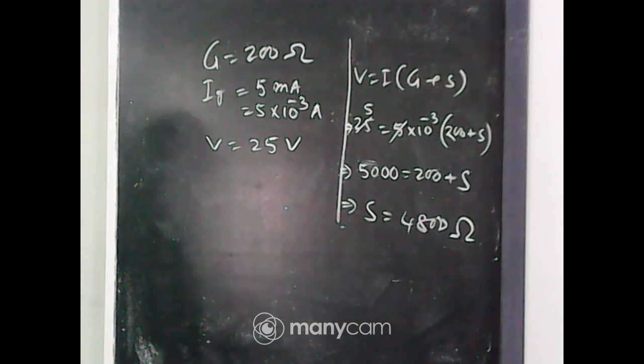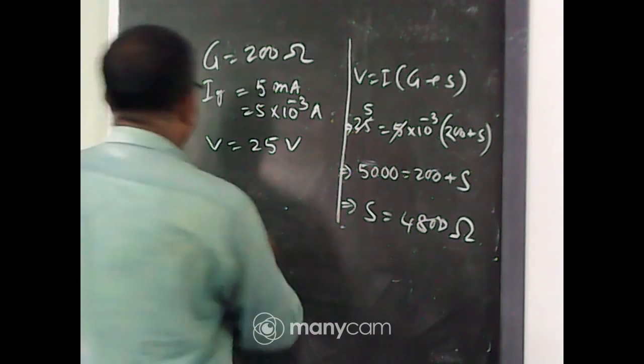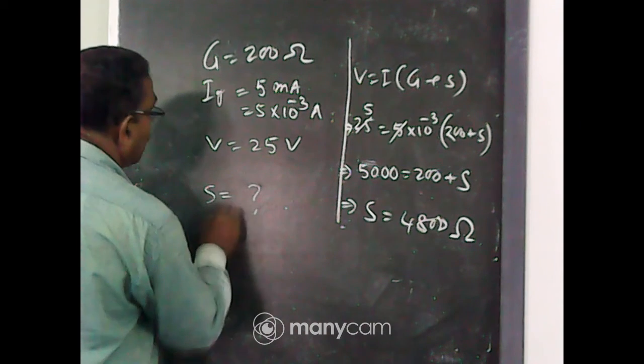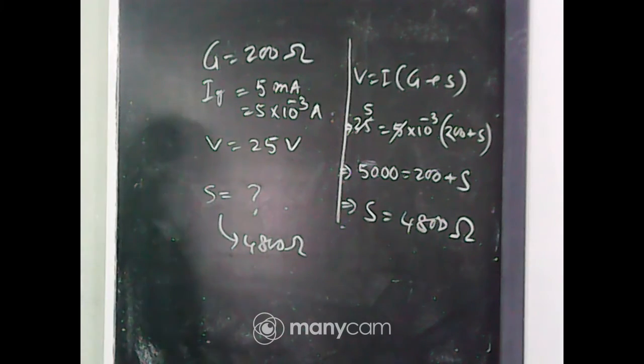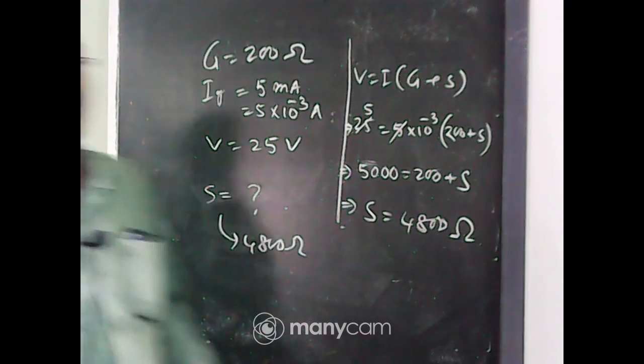The value of the series resistance is 4800. The value of S equals 4800. My dear student, you check it. This is the value.